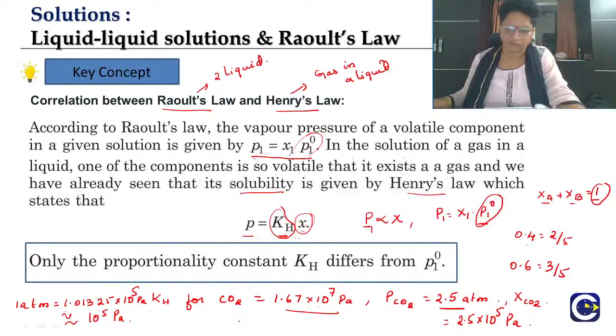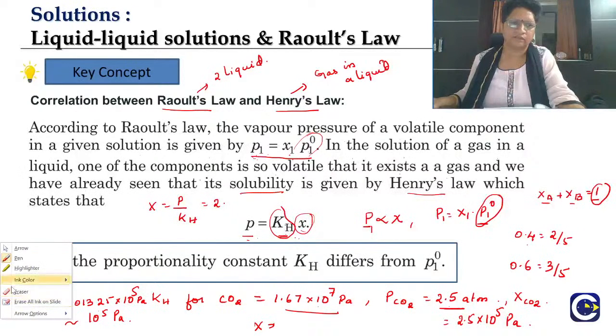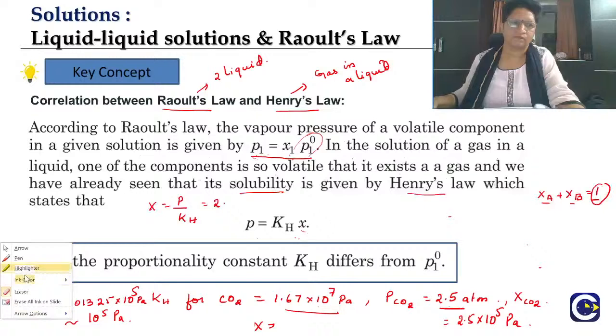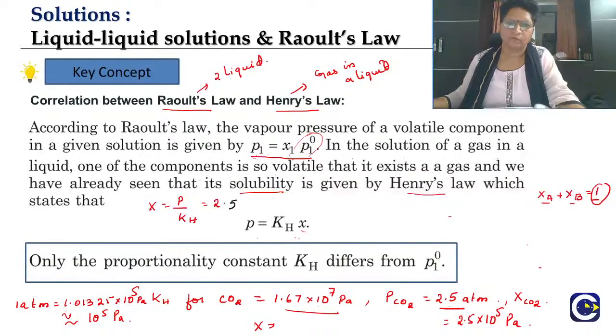So what is the mole fraction? X is equal to P by KH, that is the formula. P is given as 2.5 into 10 power 5 pascals.